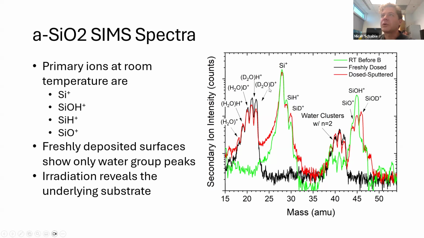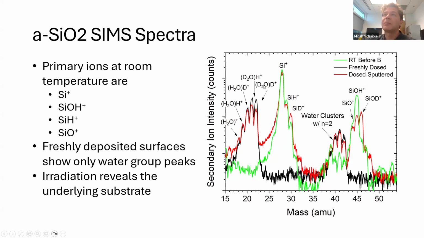Then after cooling down and depositing the water, in the black, we see our freshly dosed sample. This shows that the sputtered ion spectra consists entirely of water cluster ions. That means we've completely obscured the underlying substrate. No secondary ions can come from the Si in this freshly dosed sample.